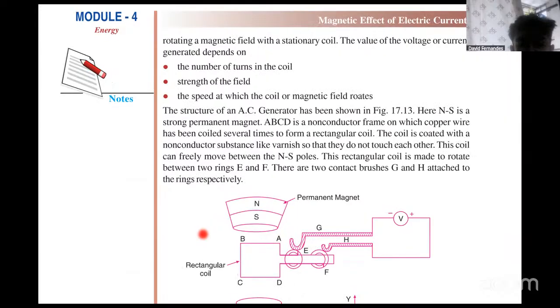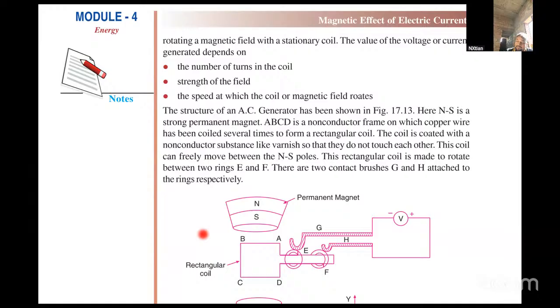The value of the voltage or current generated depends on the number of turns in the coil, the strength of the field, and the speed at which the coil or magnetic field rotates. So this is the direct answer to Ira's question: if the speed is less, then the voltage generated is very less, hence the current will flow very less, hence the brightness of the bulb will be very less.